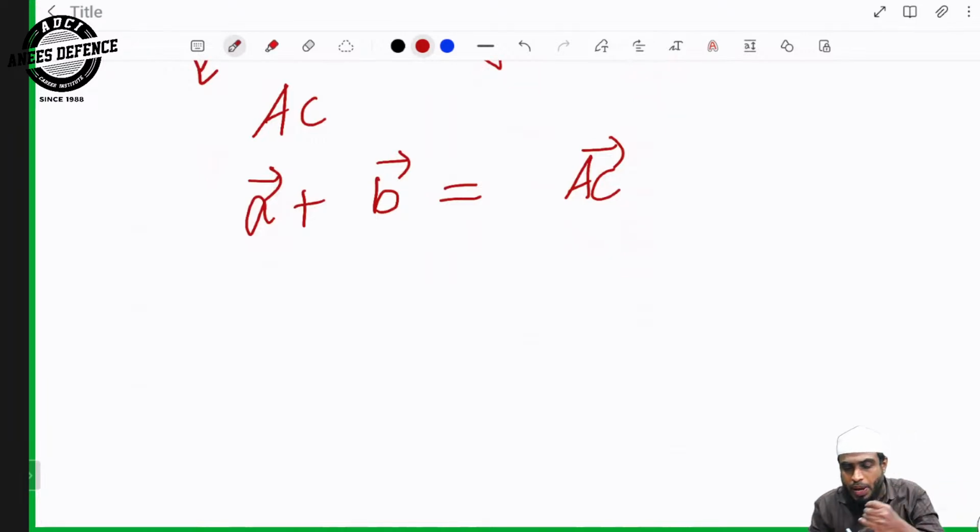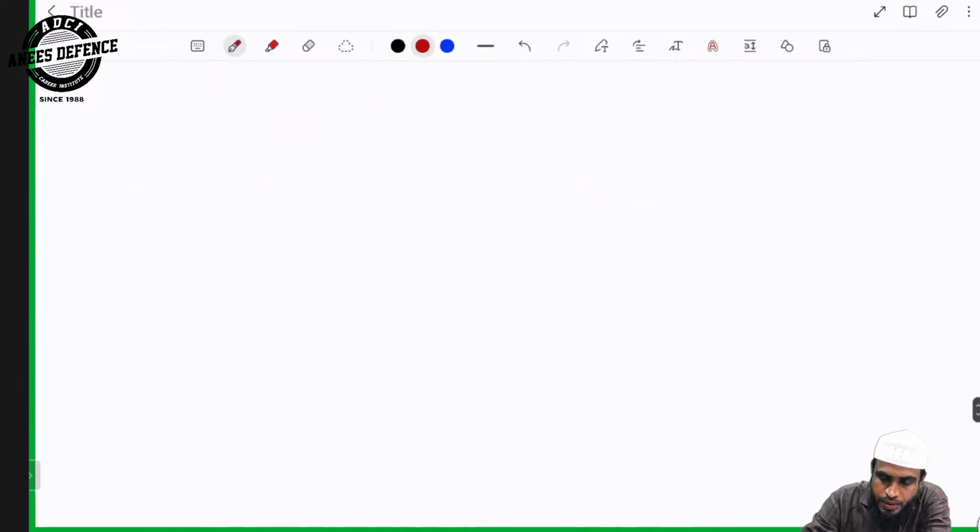Another case, parallelogram law of addition. Here a ball is here. A person is kicking that football from this position.